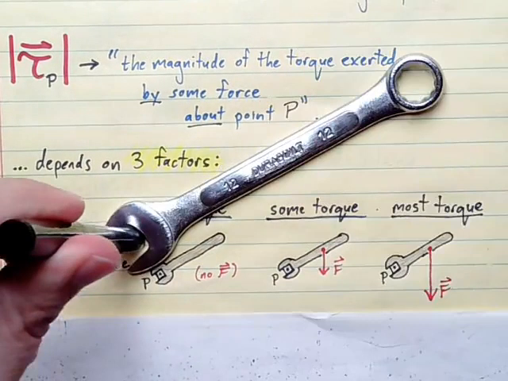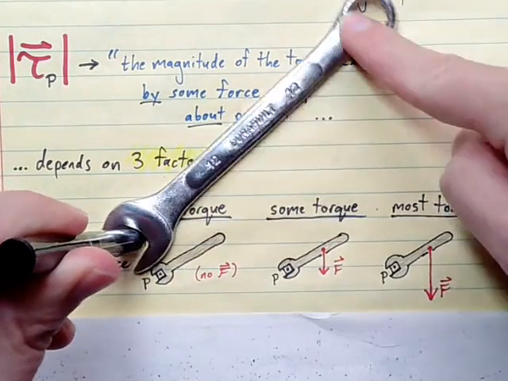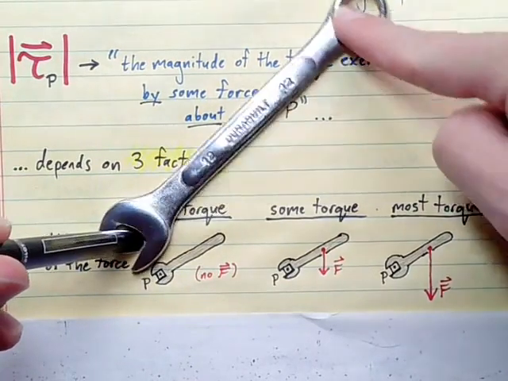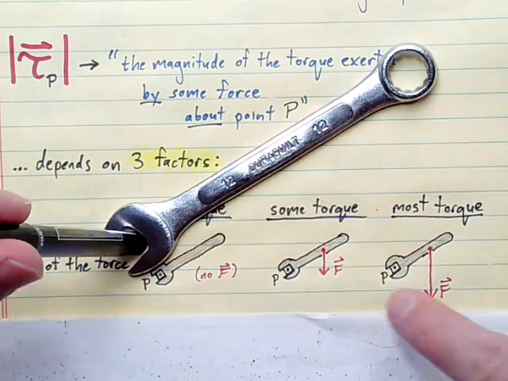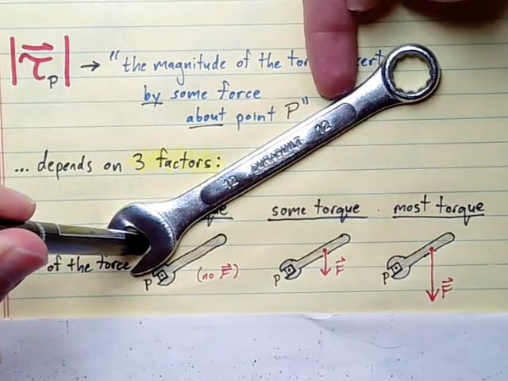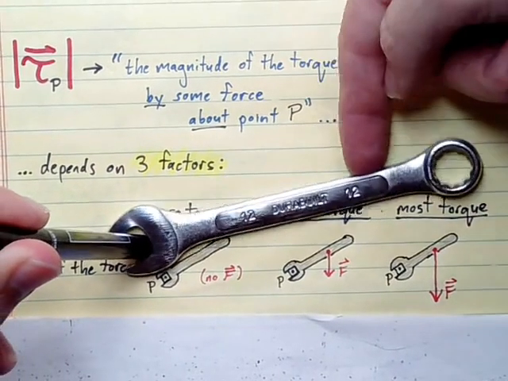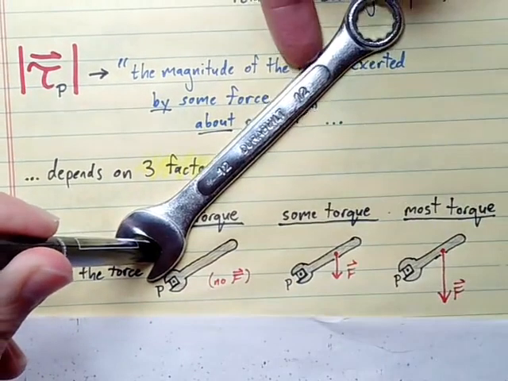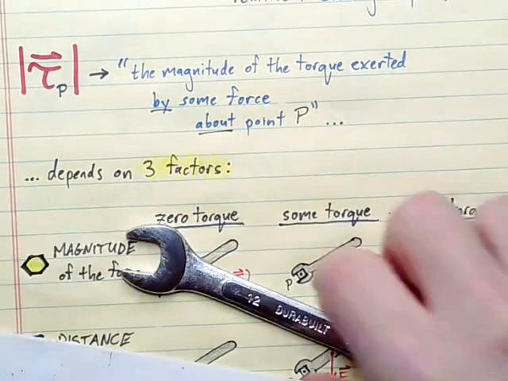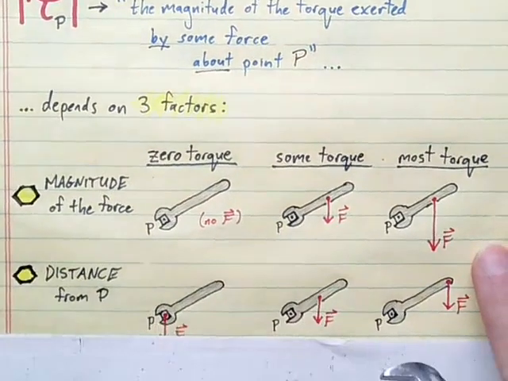So we're imagining this wrench being able to rotate about point P. And if I apply no force, no torque. If I apply some force, like that, if I push it, I can change its orientation. If I apply more force, I'll change its orientation more dramatically. So that's the first factor.